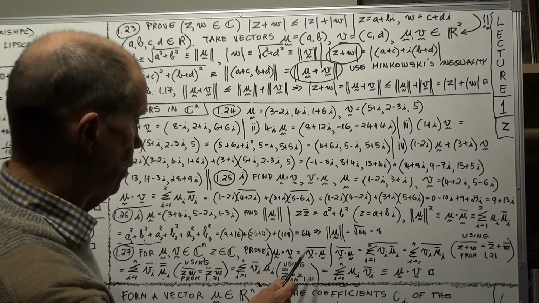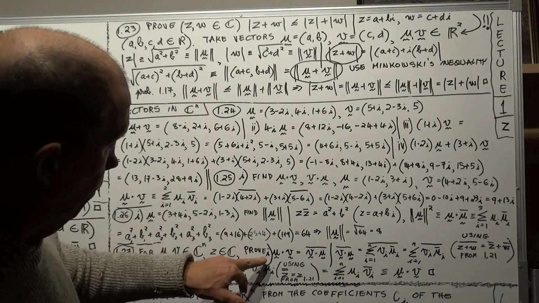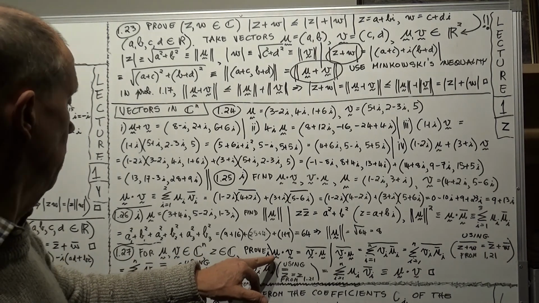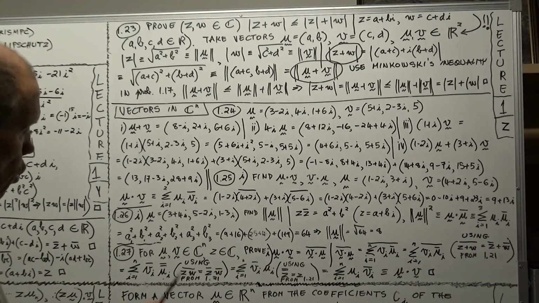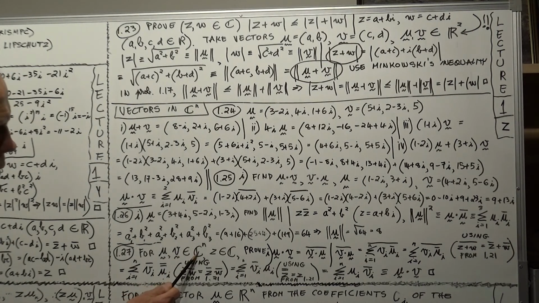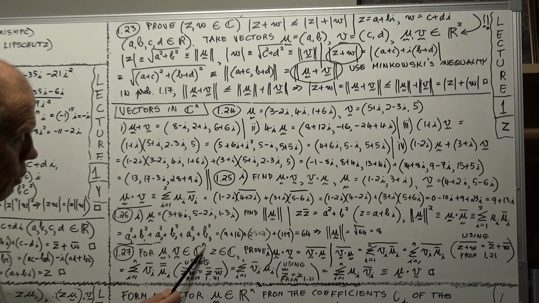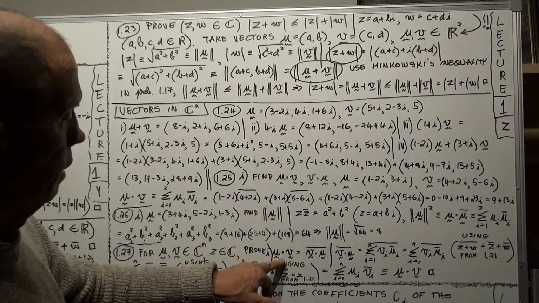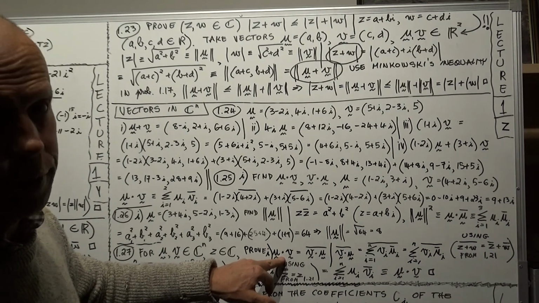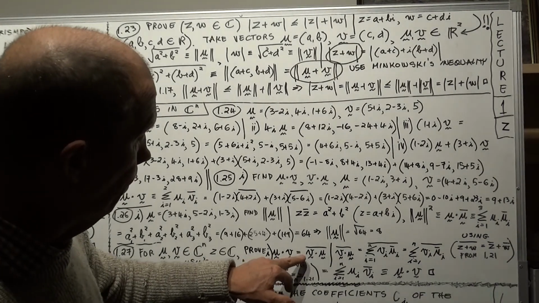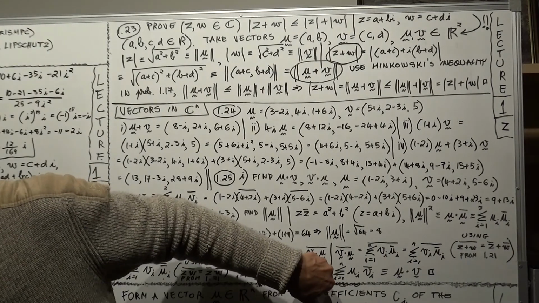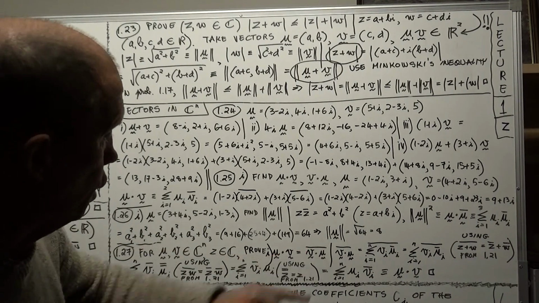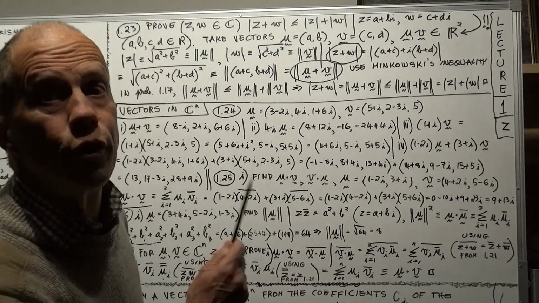Okay, so you're asked to prove the first one, and that is that, for two complex vectors, n-tuples, two complex vectors of n dimensions, u and v, the dot product of u and v, u dot v, is equal to the conjugate of the dot product reversed.